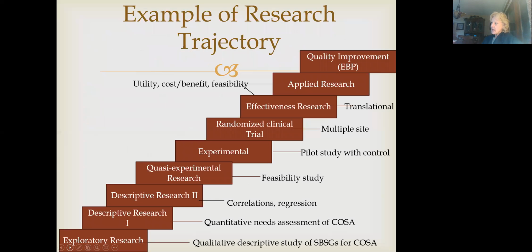So here's an example of a research trajectory that starts with the exploratory and moves its way up this design ladder. I'm going to give you an example of some of the work that I've done.